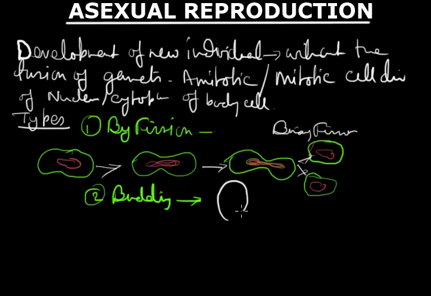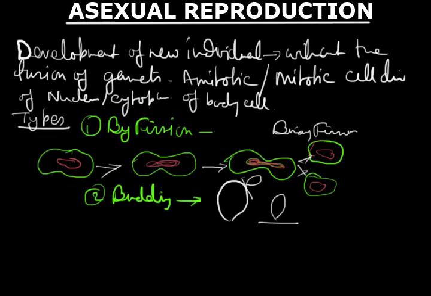Say this is the cell and this is the bud, the external outgrowth supported by the parent body. When fully matured, it detaches from the parent body and leads an individual existence. This is found in some fungi also.